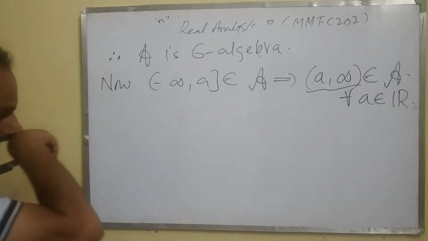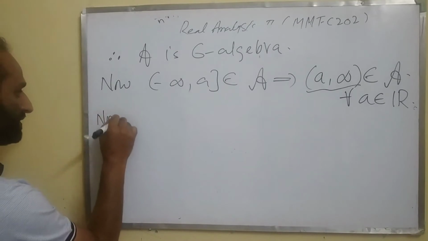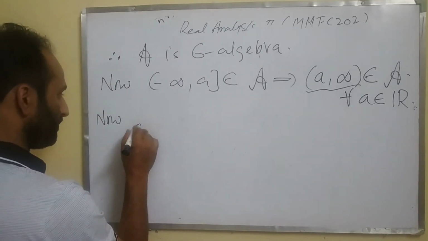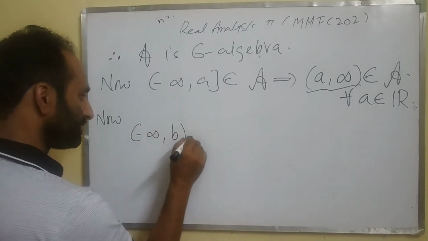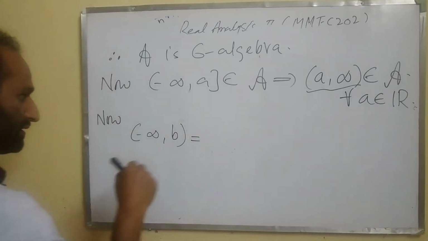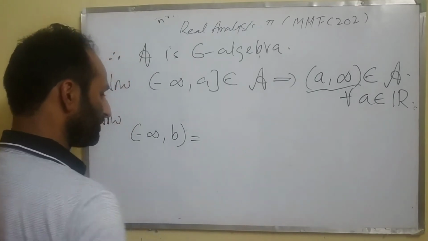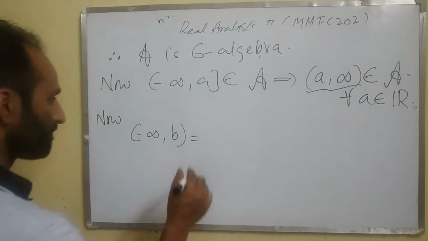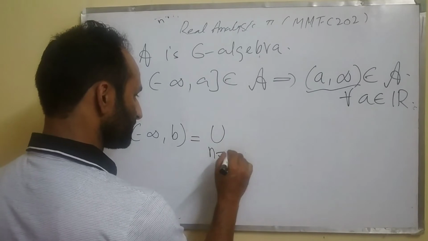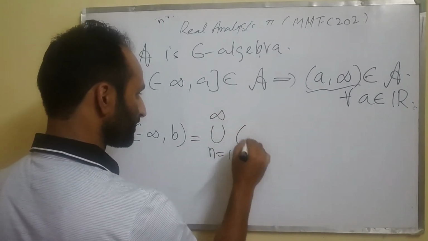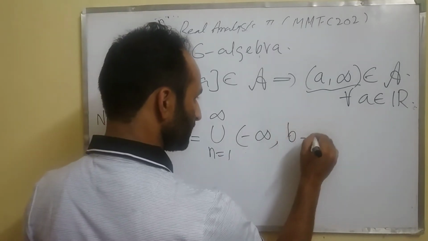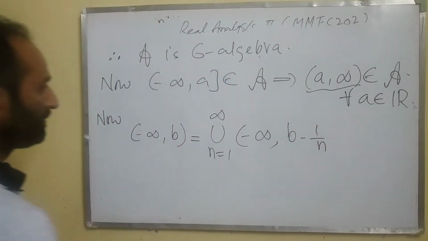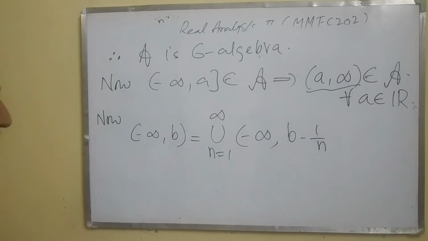So now you can see this: minus infinity to b can be written as, it's actually equal to, the union as n runs from 1 to infinity of minus infinity to b minus 1 by n.